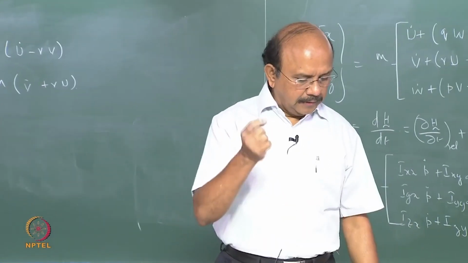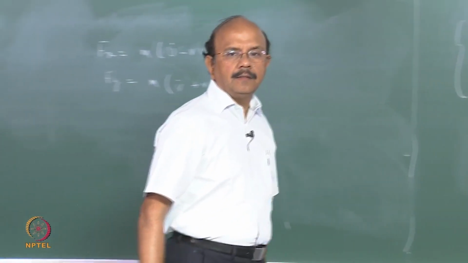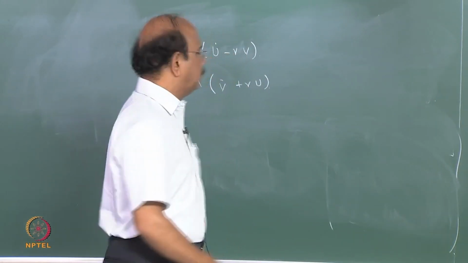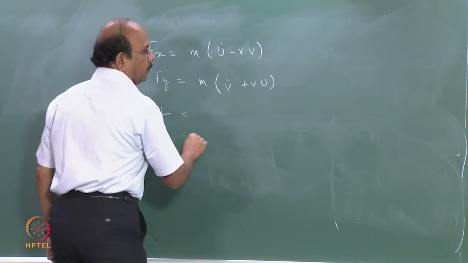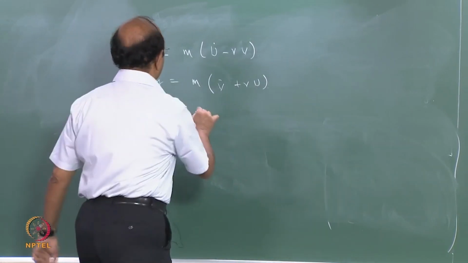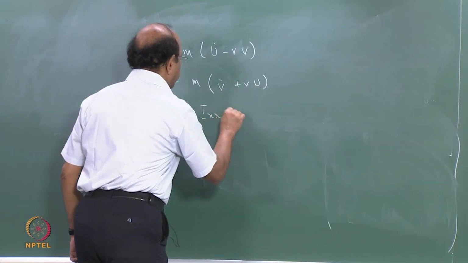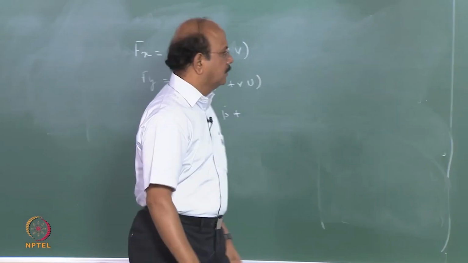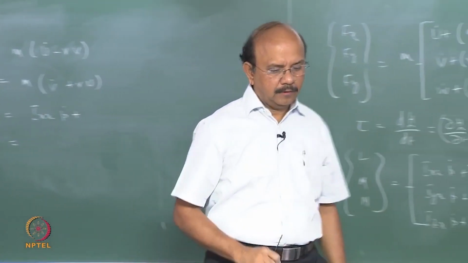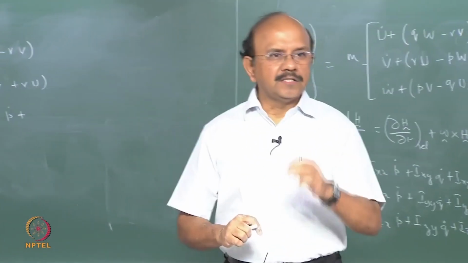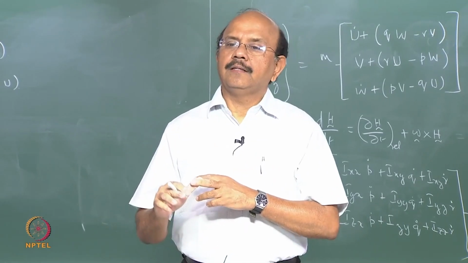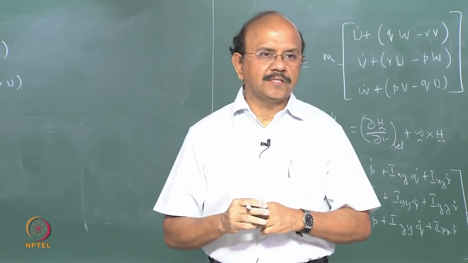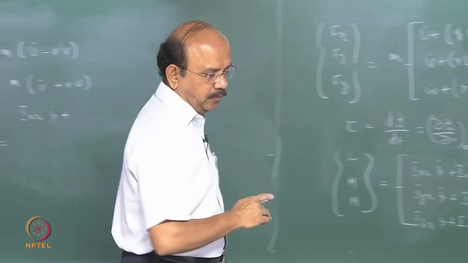Right? And what is my L and M? L and M from my expressions here. So the first term will be there, Ixx into P dot. If you are not considering it, just consider symmetry, you're not considering that you are in the principal axis, then Ixz will be there.